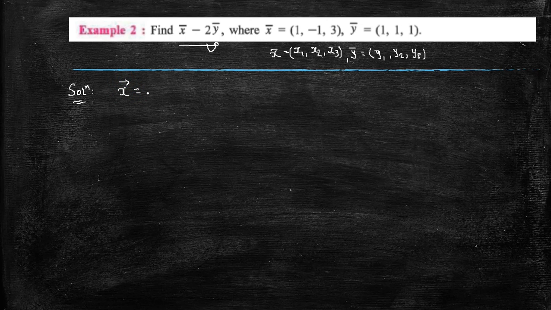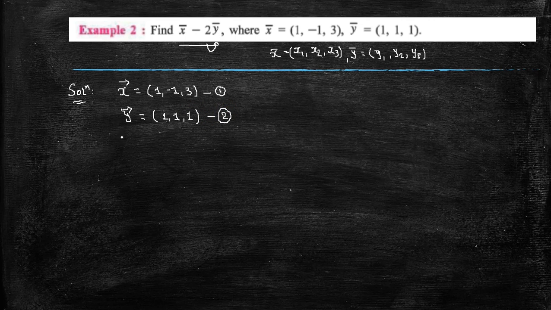So vector x is equal to 1, -1, 3. Let us give it equation number 1. Then we have vector y as 1, 1 and 1. Let us give it equation number 2.